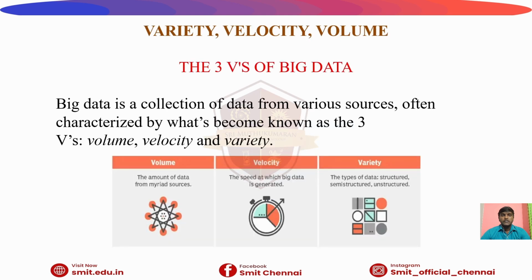Then three V's of big data: variety, velocity, volume. Volume is the scale of data, velocity, speed of data generation and processing, variety, different types of data like structured data, unstructured data, semi structured data.